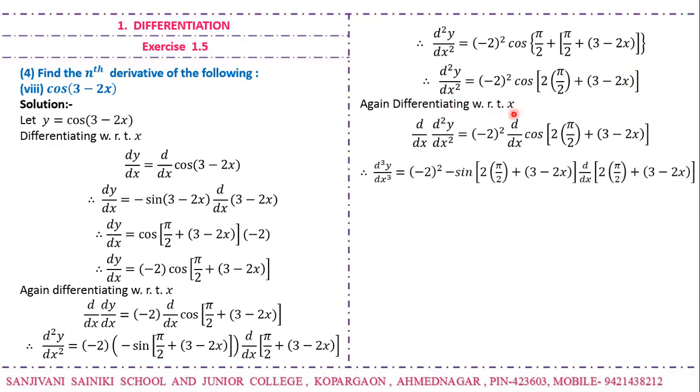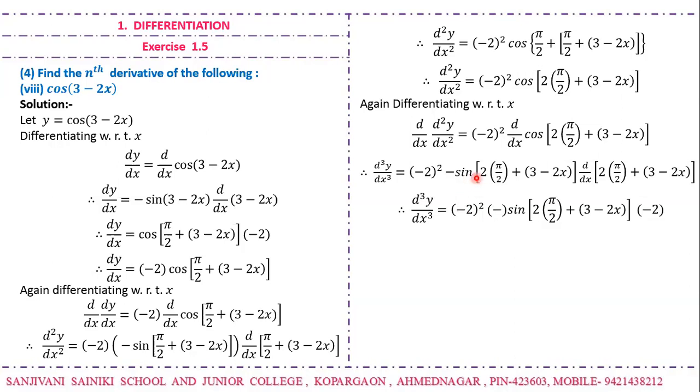So differentiating with respect to x, minus 2 squared is a constant, and cos of f of x gives minus sin f of x into f dash of x. So f dash of x means the derivative of this. Again after taking the derivative of this factor, I will get only minus 2. That minus 2 and this minus 2 squared, we get minus 2 cube.